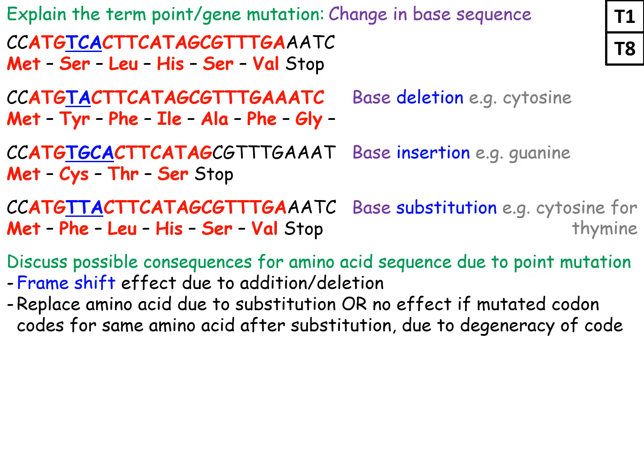And this is due to degeneracy of the code, because more than one codon can code for the same amino acid. So sometimes there is a base substitution, but it still codes for the same amino acid. So there is no effect. And this happens on the 3rd nitrogenous base of a codon in certain amino acids that are coded for.